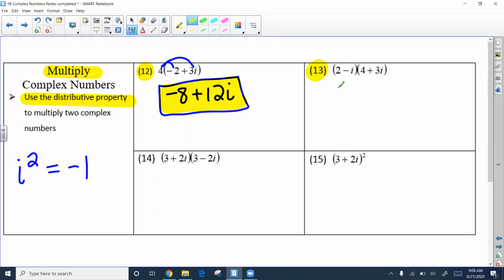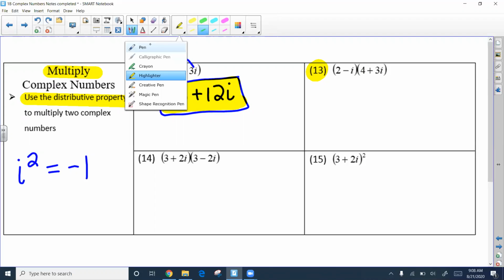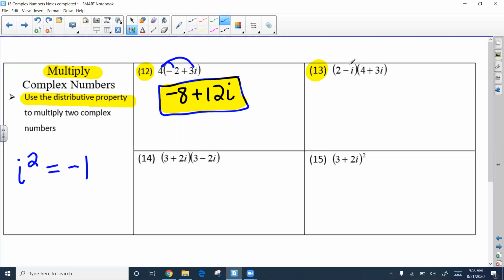So 2 minus i times 4 plus 3i. So as we know, we have to distribute. So one way you can think of it is you can distribute the 2, and then we also have to distribute the -i. So you have to multiply both things by 2 and then multiply both things by -i.